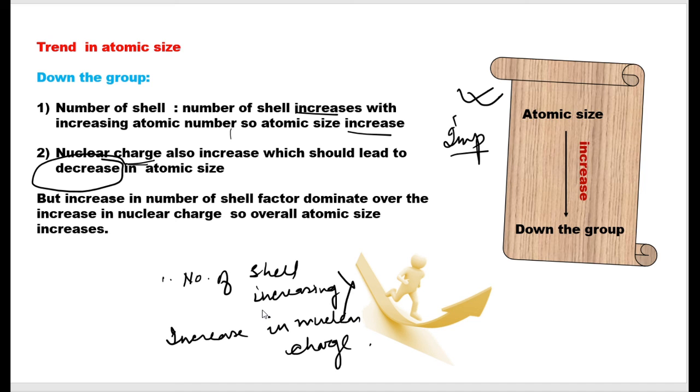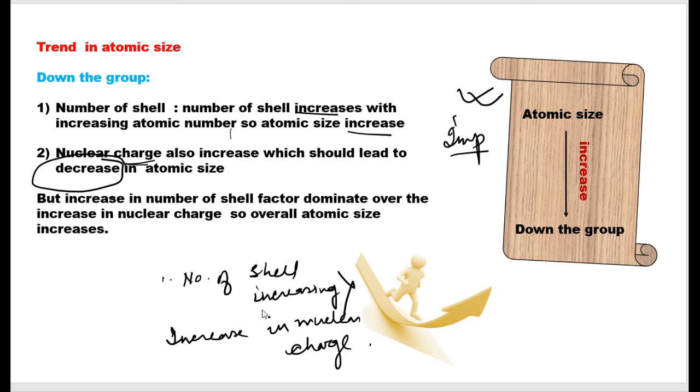So what is the whole concept of atomic size? Atomic size is nothing but the distance from the nucleus to the outermost shell. What are the factors which determine the atomic size? Number 1 is the number of shells, second is the nuclear charge. If the number of shells increases, atomic size increases. If the nuclear charge increases, atomic size decreases. What is the trend across the period? It decreases. Why? Because shells have no role to play in it.